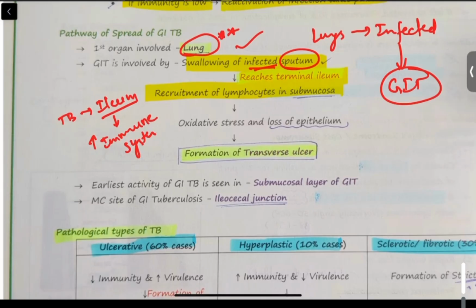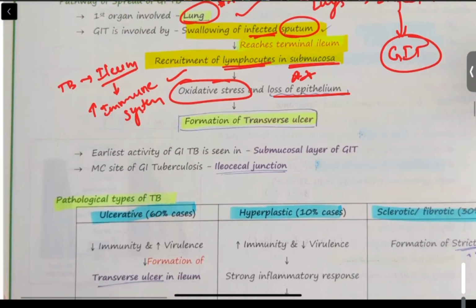There will be recruitment of lymphocytes in the submucosa of the ileum. Because of this, there will be oxidative stress, because our immune system is trying to kill the bacteria by various mechanisms. There will also be loss of epithelium because of this TB bacteria. This will lead to the formation of a classical ulcer called transverse ulcers.